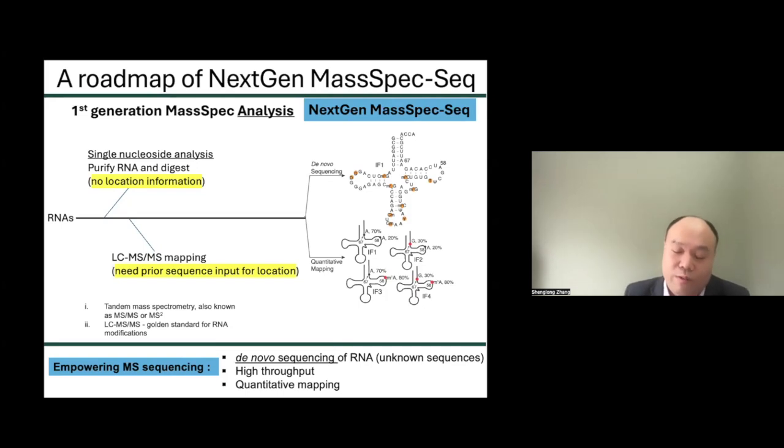So that's why we're developing what we call next generation mass spectrometry-based sequencing. We would like to empower mass spectrometry so that it can be used for de novo sequencing of RNA. We want to develop this for high throughput, and also use it for quantitative mapping of partial RNA modifications.